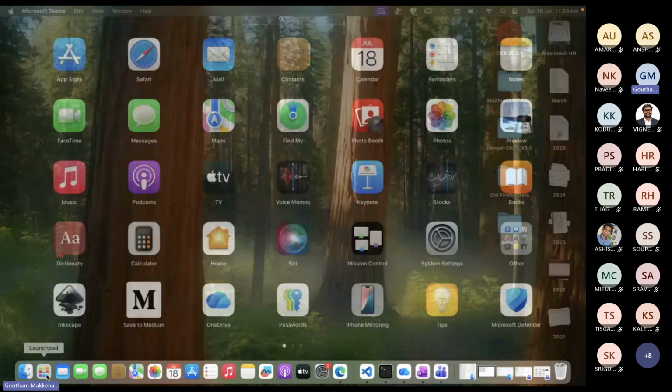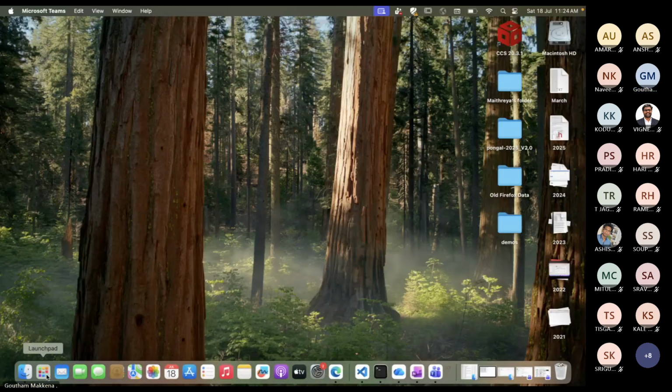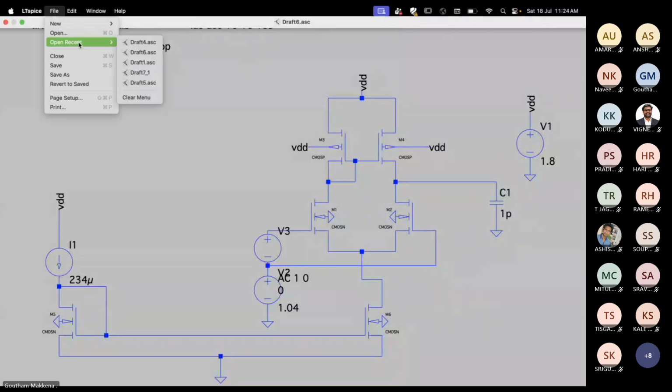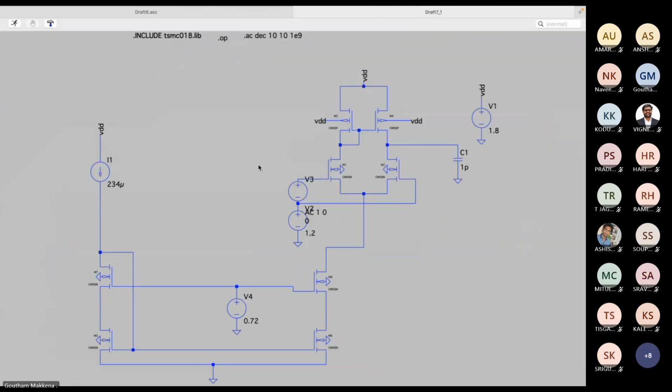Different windows are opening up. Okay. Right. What do you see over here? What cascode did I? So this is the same. This is the same exact thing. All I changed is this particular arrangement.